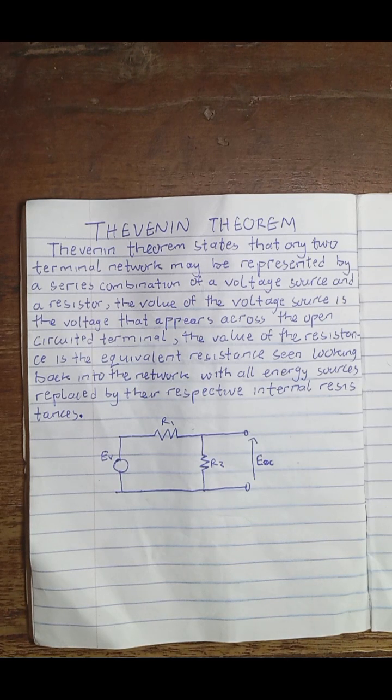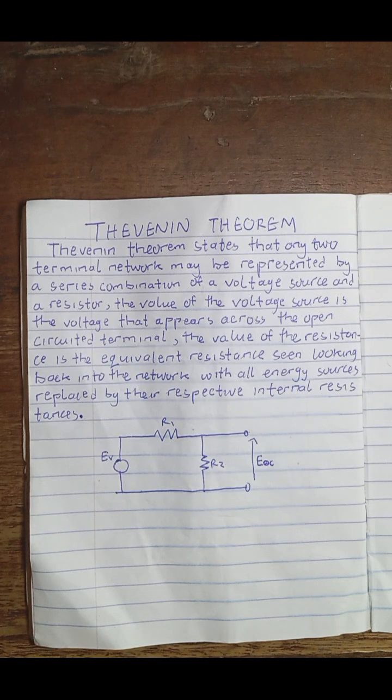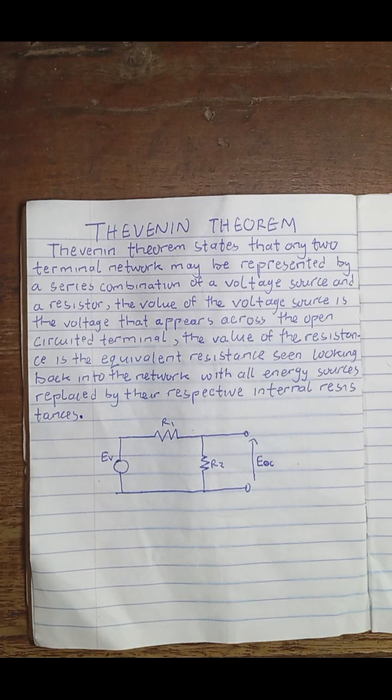The value of the resistance is the equivalent resistance seen looking back into the network with all energy sources replaced by their respective internal resistance. So this theorem encompasses everything you need to know about the Thevenin.